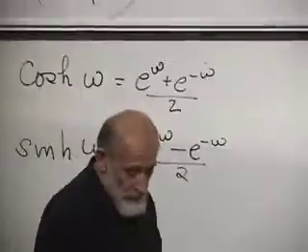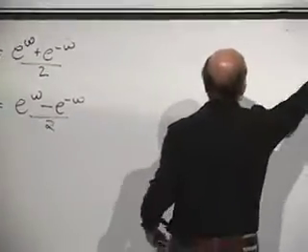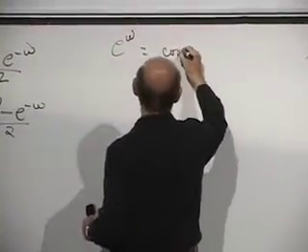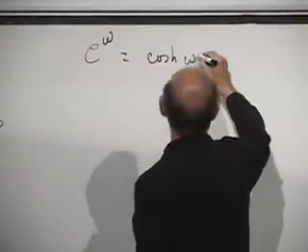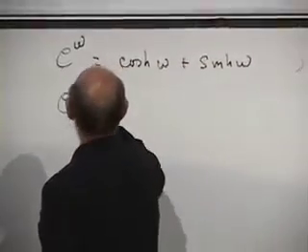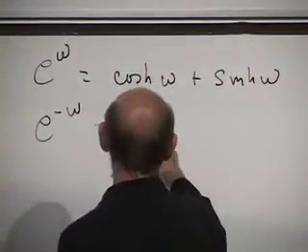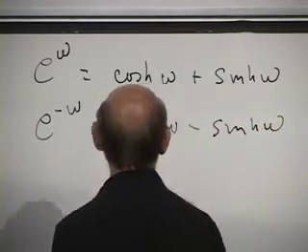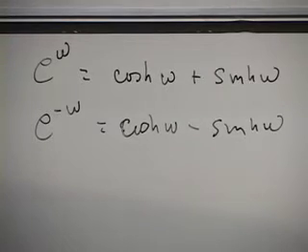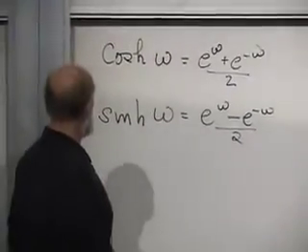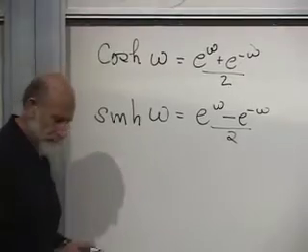The equations on the right-hand side become e to the omega equals cosh omega plus sinh omega, and e to the minus omega equals cosh omega minus sinh omega. I think that's right. Is it right? Cosh minus sinh. It is? Yeah, it is right.